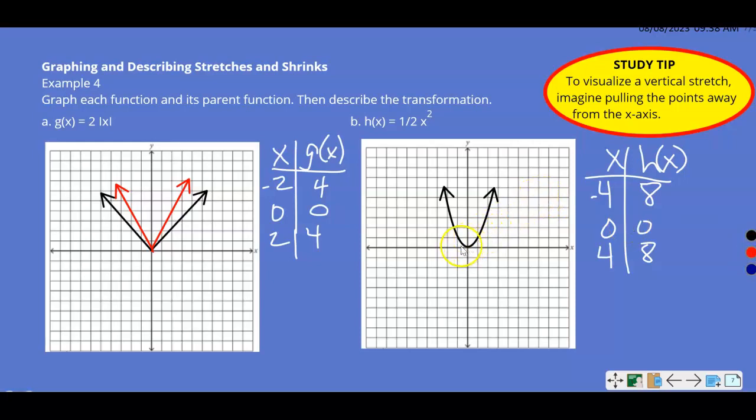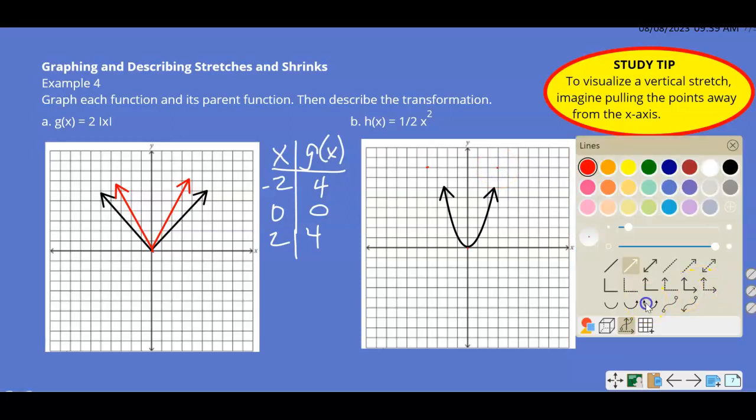So let's see, we got -4, 8, and this is a 10 by 10 grid, so that should be 8. And I've got 0, 0, and I've got 4, 8. That gives me all the points where my parabola needs to go.